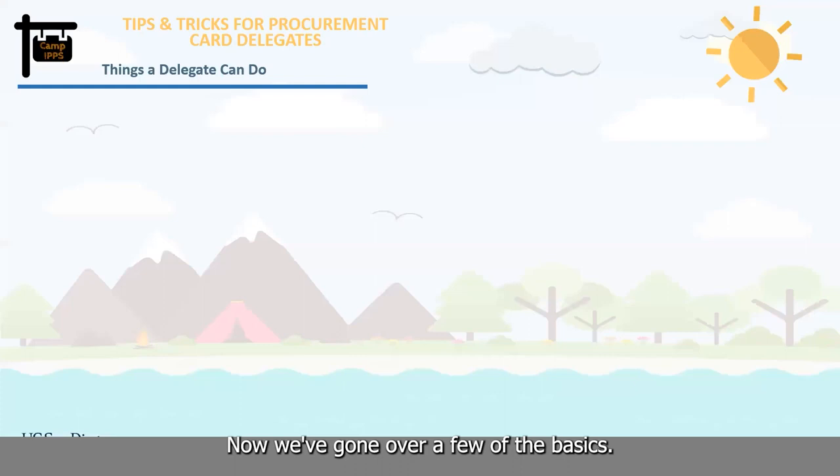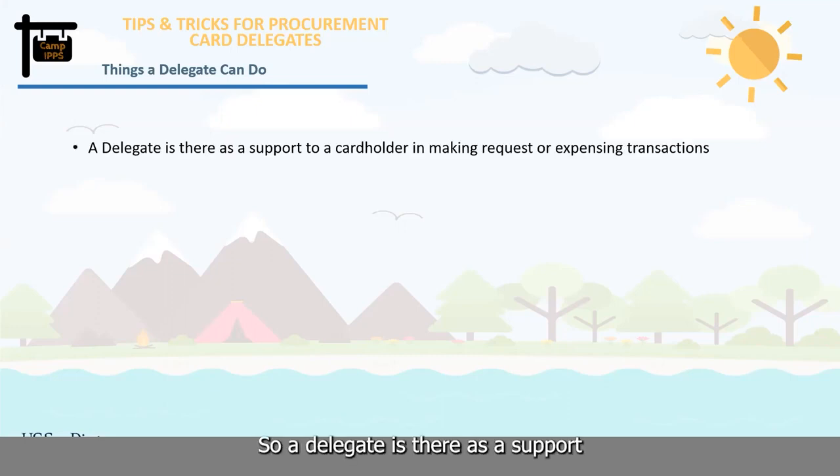Now that we've gone over a few of the basics, we're going to get into the specifics of what a delegate can and cannot do. So a delegate is there as a support to a cardholder in making requests or expensing transactions.